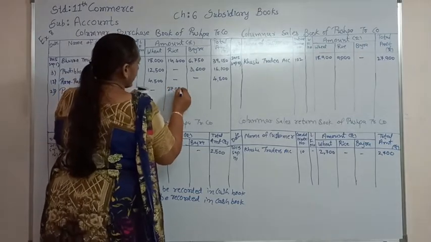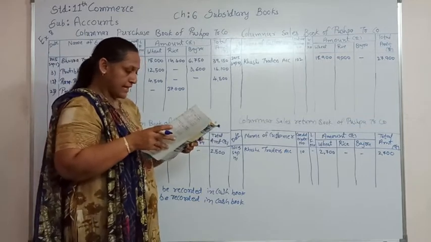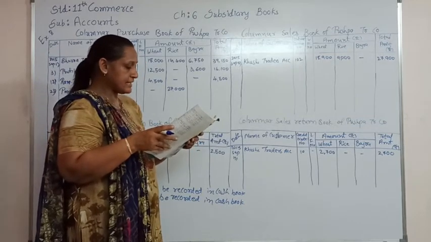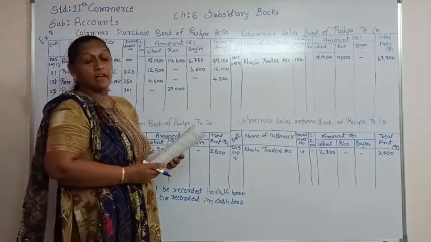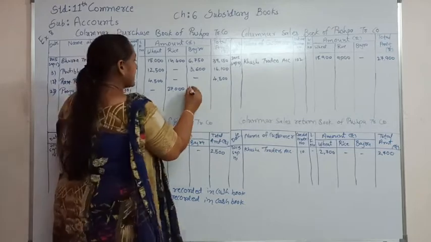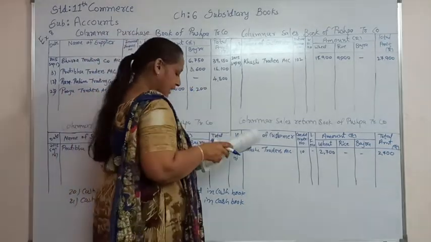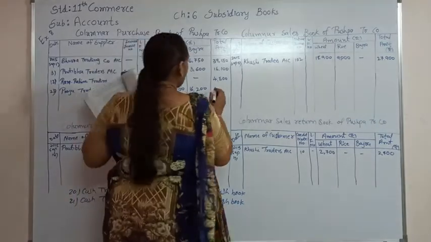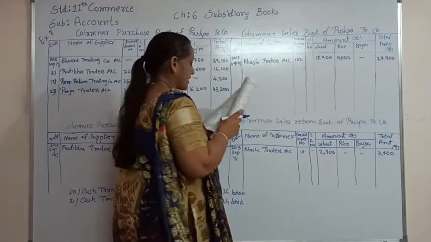So that will be 27,000. And here next is bajra 18 per kg and 1000 kg. So 18,000 minus 1800, so that will be 16,200. So total of this will be 43,200. So that is purchase.